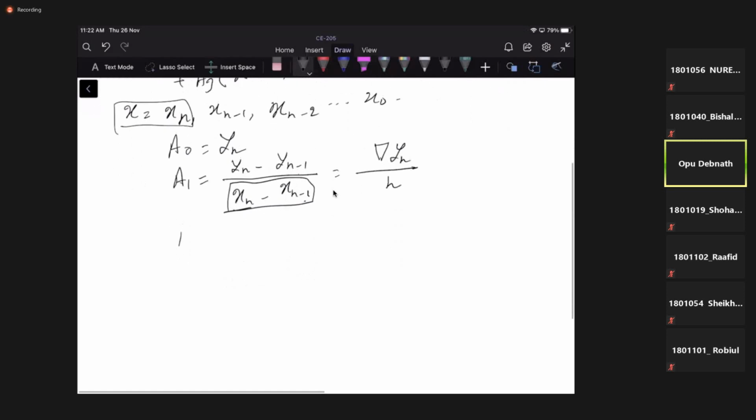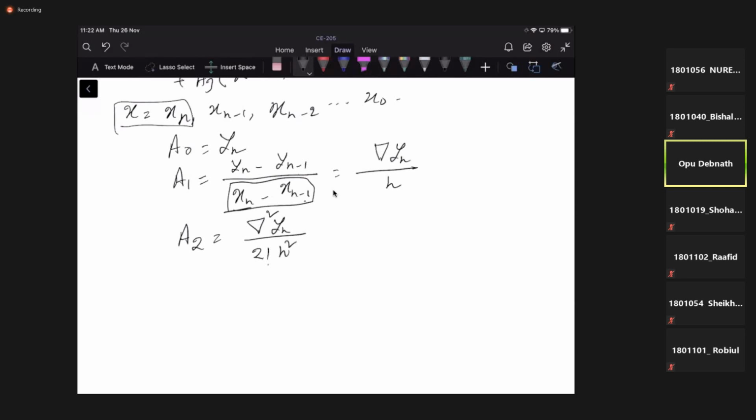And similarly, when we go for a2, I am not going into the detailed calculation. It simply gives this result after simplification: nabla square yn divided by 2 factorial h square.